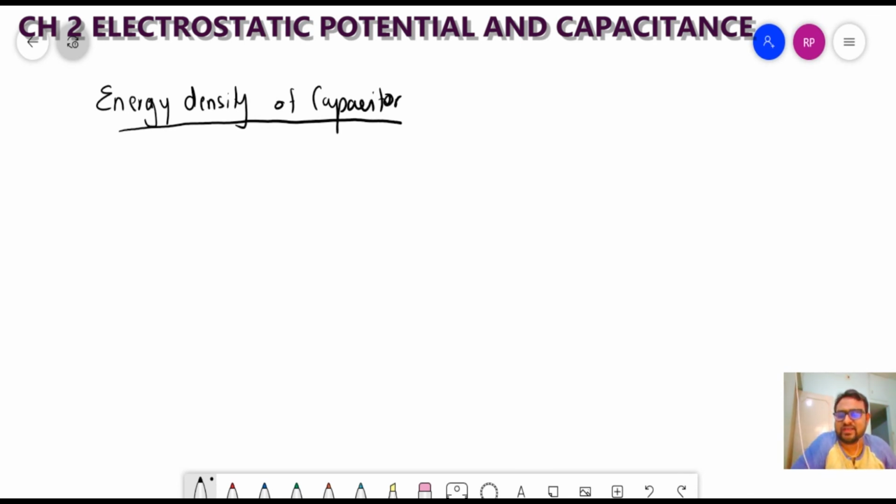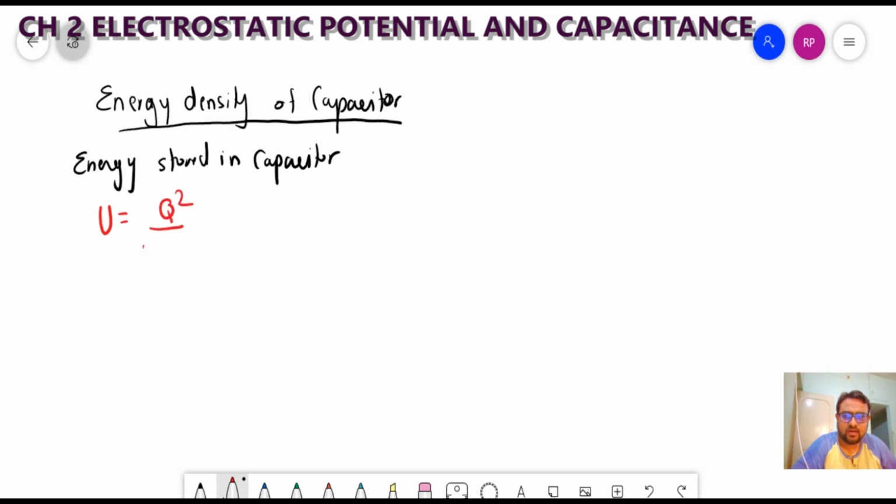Now, energy density of a capacitor. We had already derived that the energy stored in a capacitor is U equal to Q square by 2C. But we know that C equal to epsilon 0 A by d.